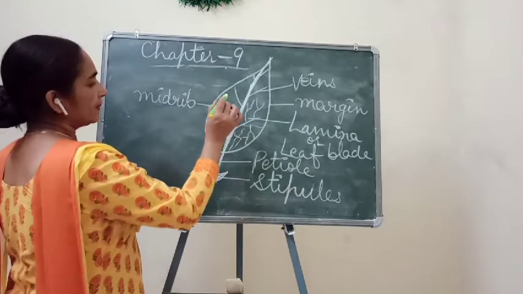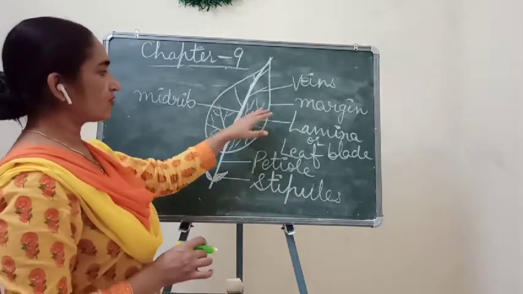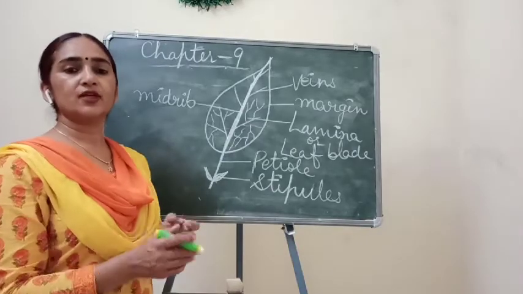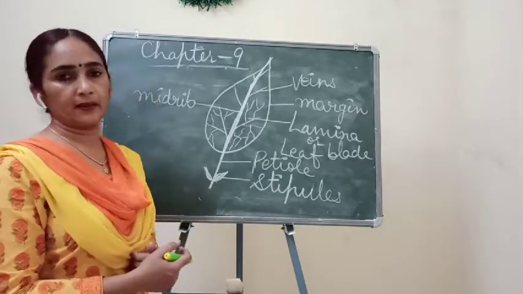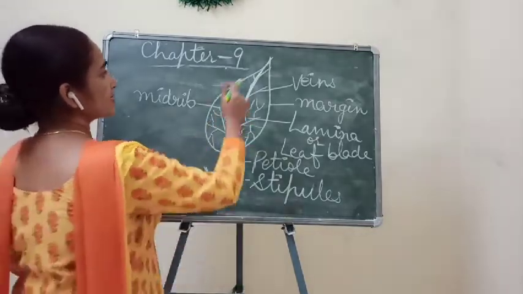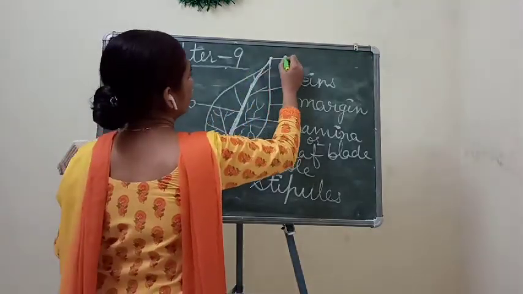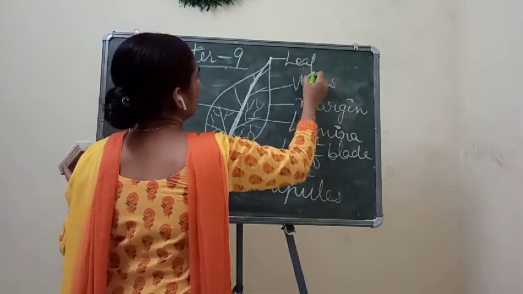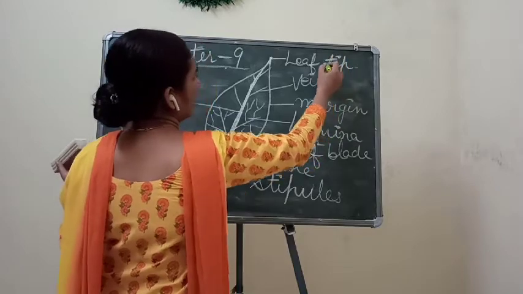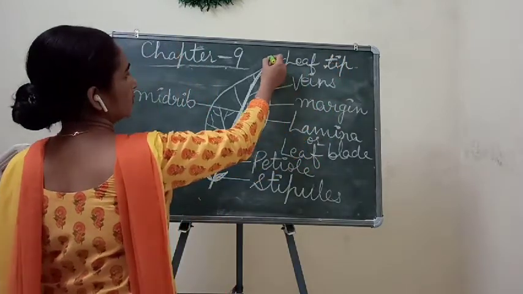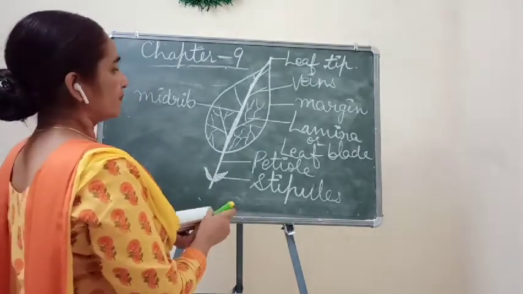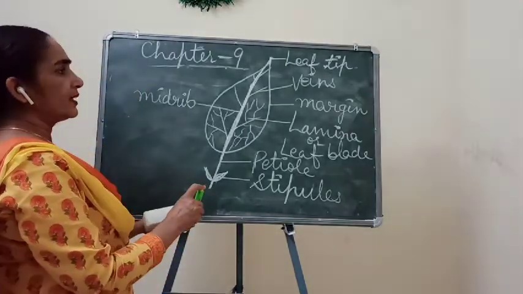Children, on the basis of the structure of veins, we can also classify the leaves into two main categories. This is called leaf tip, or in higher classes we can use the term apex also. But for your class you can write leaf tip only.